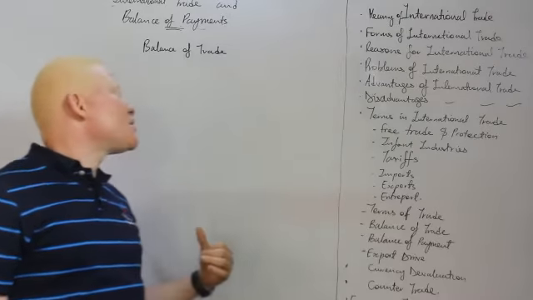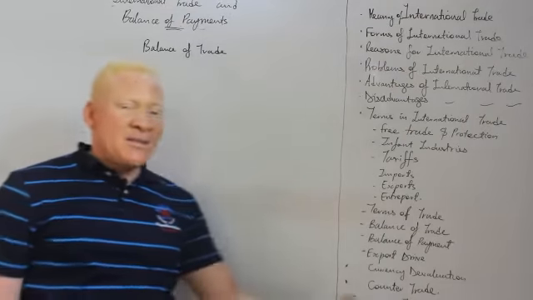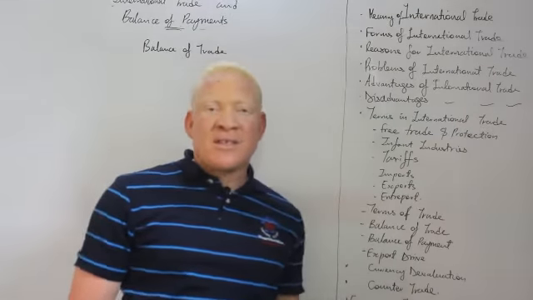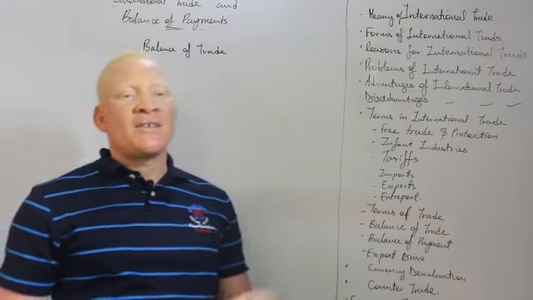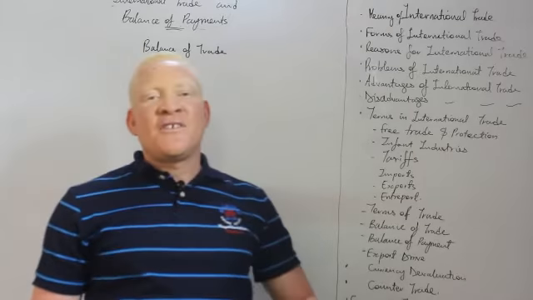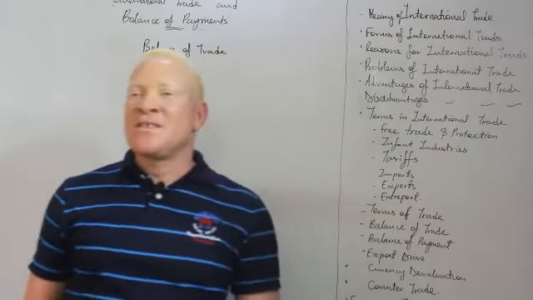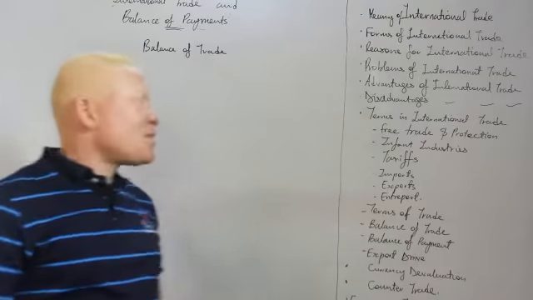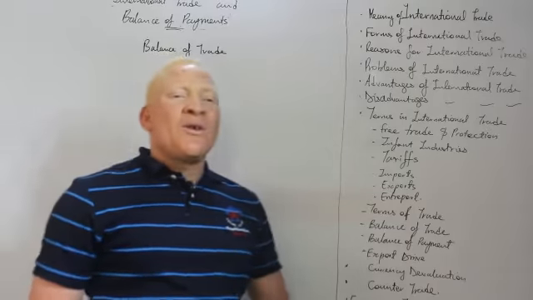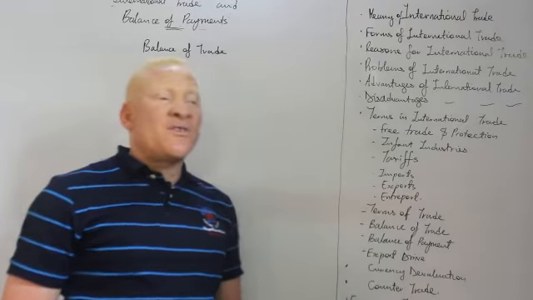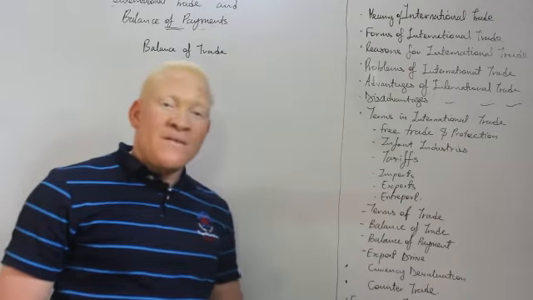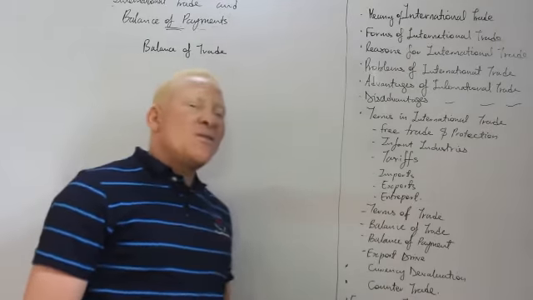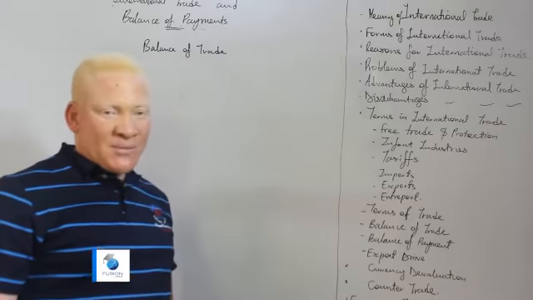So the balance of trade is a comparison between a country's receipts on exports of visible goods, that's merchandise, and its expenditure on visible imports.